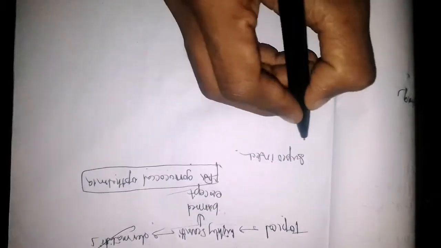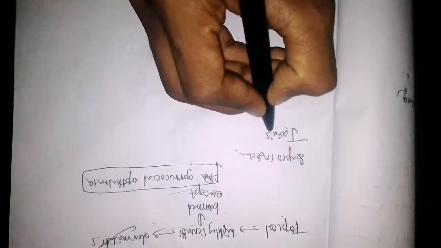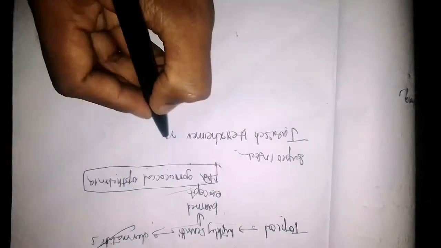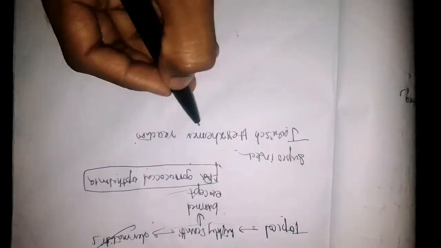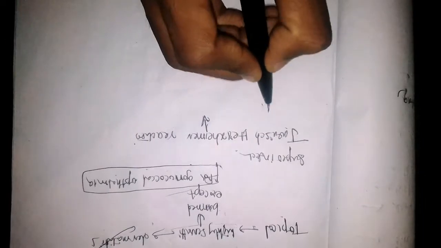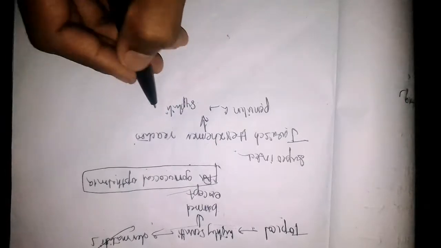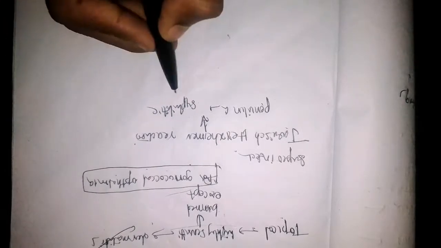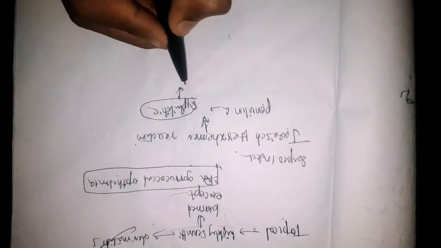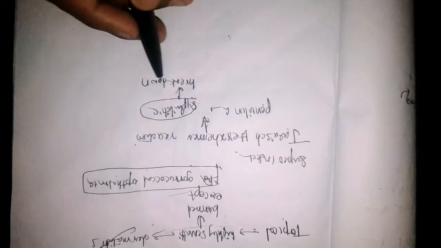One more very important thing is the Jarisch-Herxheimer reaction. What happens here is that when penicillin G is used in a syphilitic patient, the syphilitic treponemes break down.